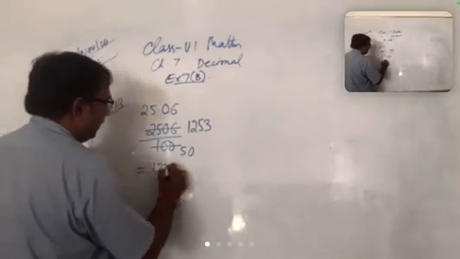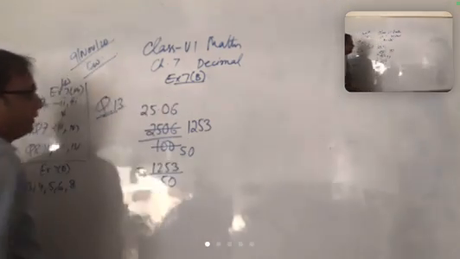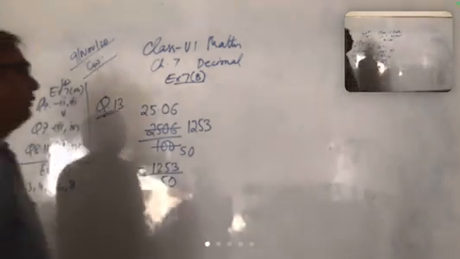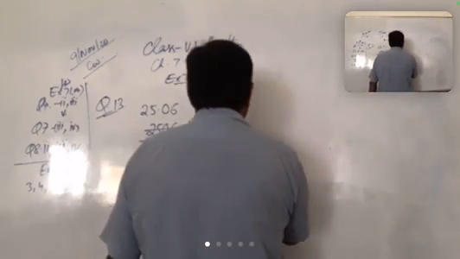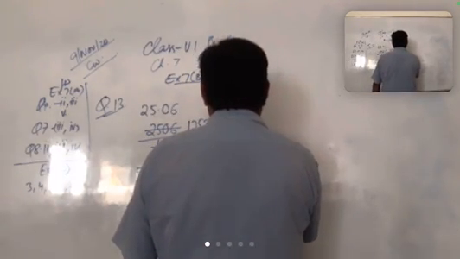And now I think it is not cancelable. So convert this fraction into mixed. I want everyone to convert it, then I will show the answer.